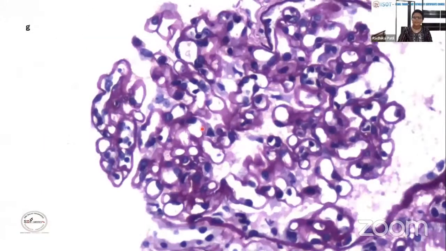magnification, we see this is the glomerulus, PAS stain, and there is segmental glomerulitis. This can be segmental or global, and this G score is glomerulitis, inflammation within the glomerular capillary lumina. It is graded according to number of glomeruli involved. So there should be endocapillary cell enlargement and occlusion of capillary lumina by at least one inflammatory cell.